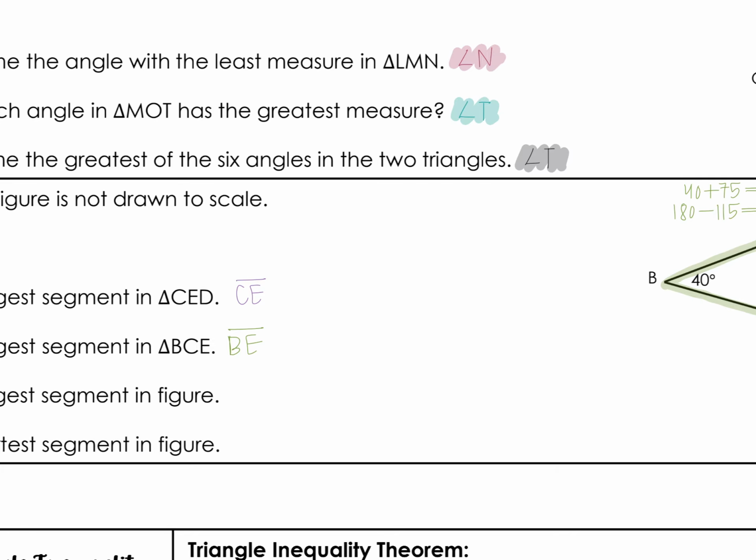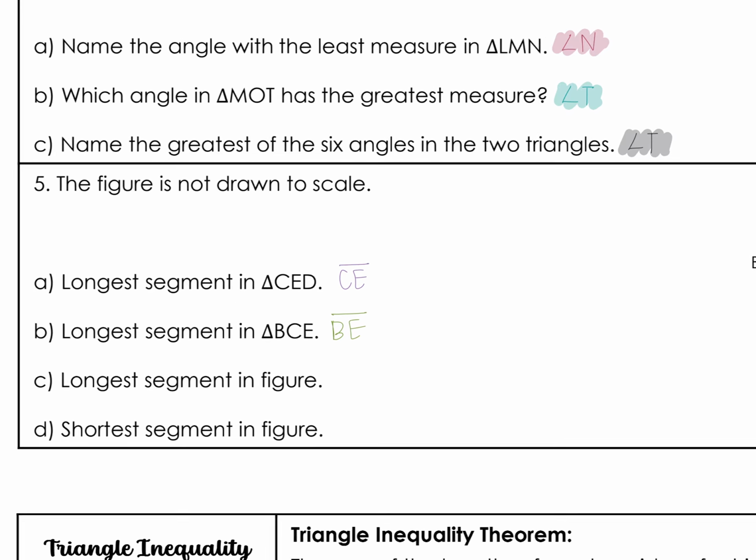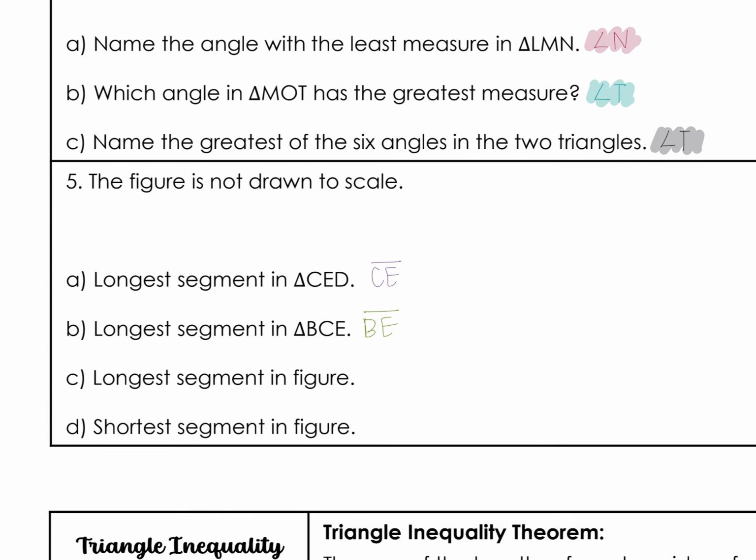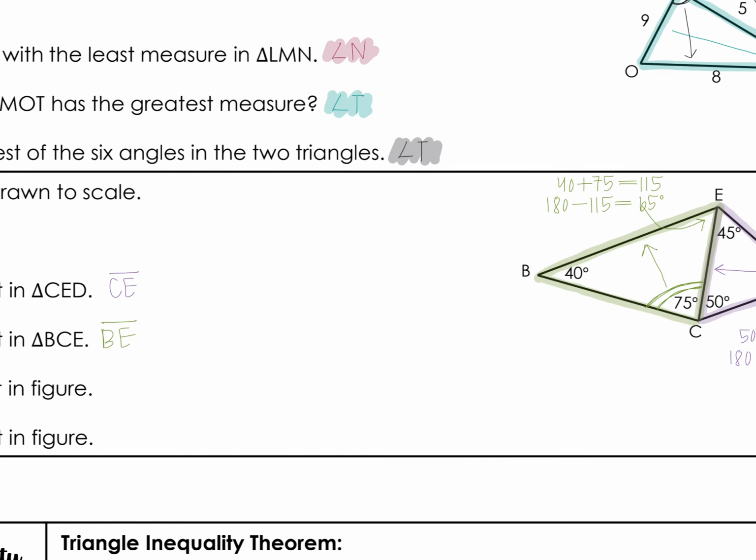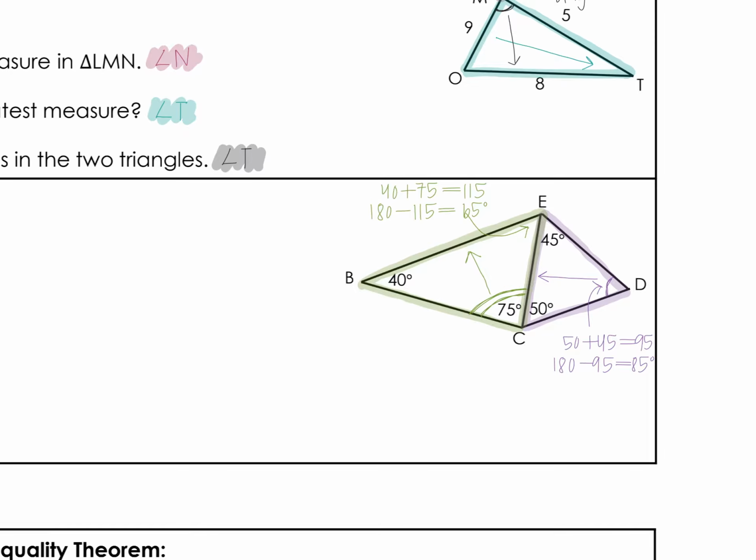All right, so moving into question C, we have, what is the longest segment in the entire figure? All right, so kind of like in the previous one, we want to find something that they have in common that will allow us to kind of jump back and forth between the 2 in comparisons. And so for me, what I'm going to see here is that lovely reflexive property here that will allow me to kind of compare.